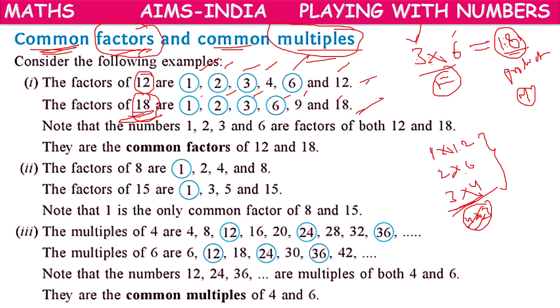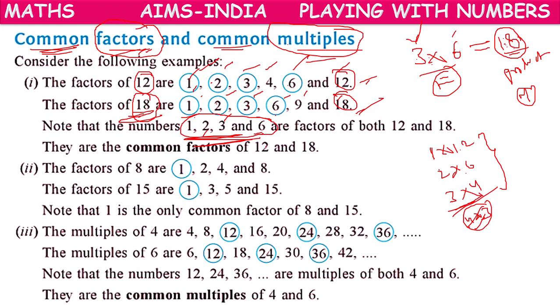If you carefully observe the factors of both 12 and 18, in both, 1 is repeating, 2 is repeating, 3 is repeating and 6 is repeating. So these 1, 2, 3, 6 are present in both the factors of 12 and the factors of 18.